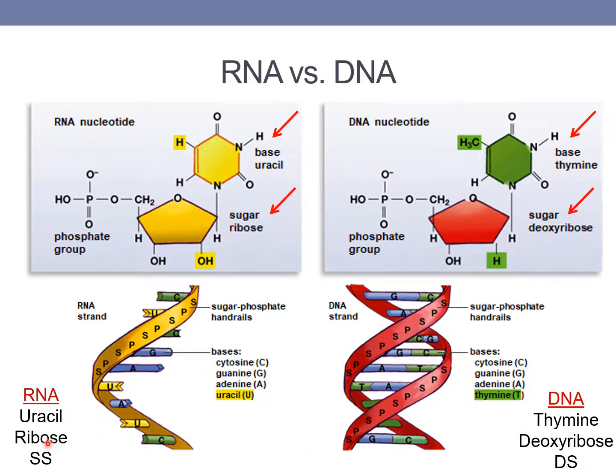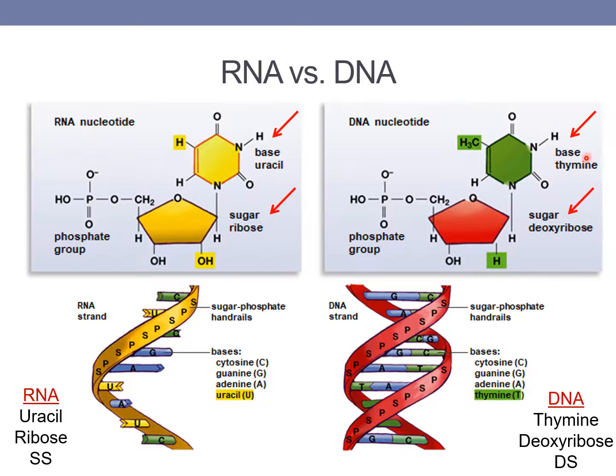We have ribose as a sugar instead of deoxyribose, and RNA is single-stranded versus a double-stranded double helix of DNA. And so first, this uracil. So in RNA, we have adenine, uracil, guanine, and cytosine.